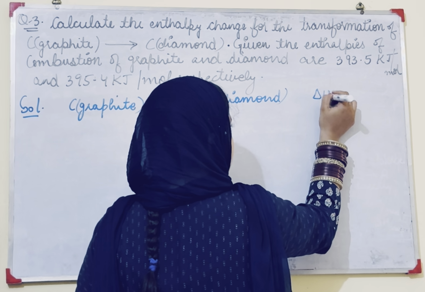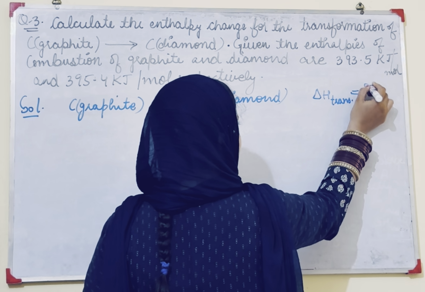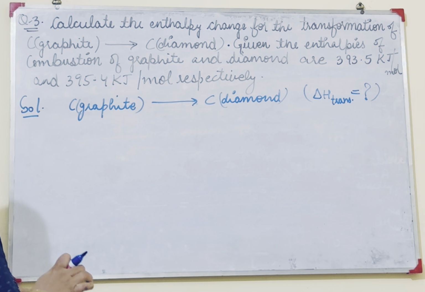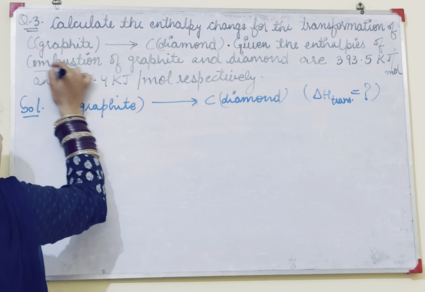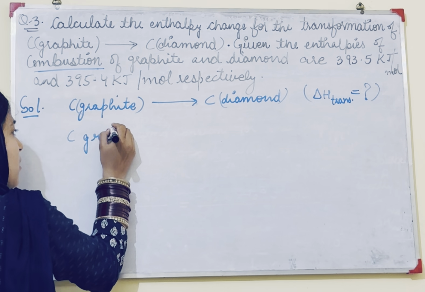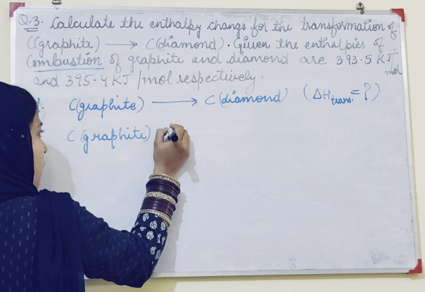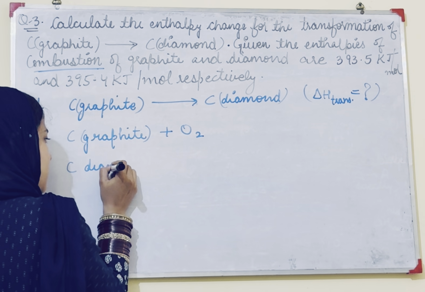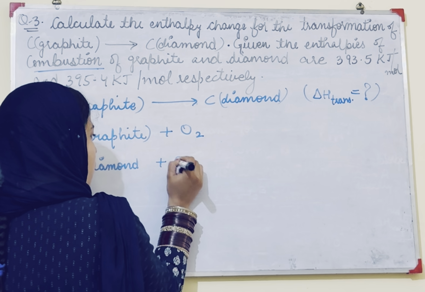Given the enthalpy of combustion of graphite and diamond. What is combustion? Combustion is basically burning in the presence of air, meaning oxygen. Graphite in the presence of oxygen, and combustion of carbon diamond in the presence of oxygen.